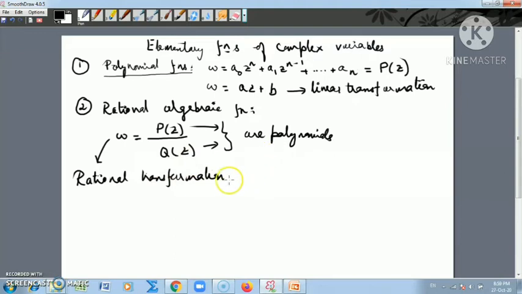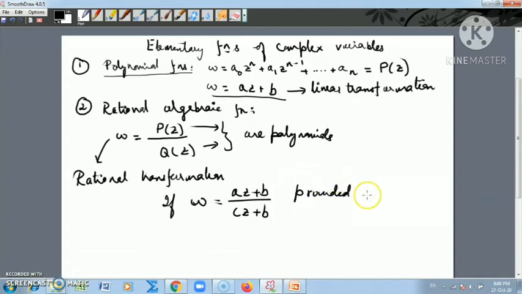And the special case, when w is equal to az plus b over cz plus d, that means P(z) is of this type and similarly Q(z) is also of this type, provided AD minus BC is not equal to 0.